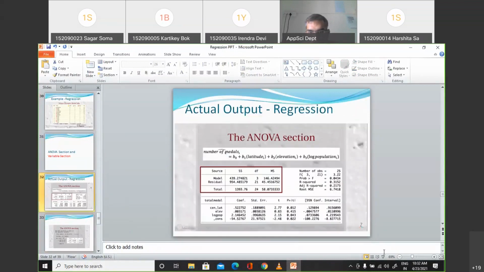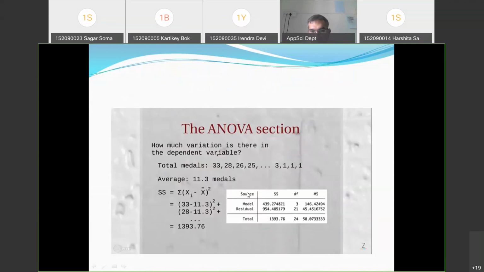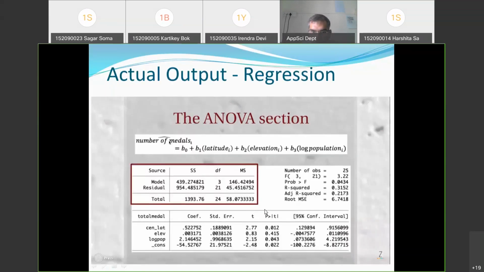So this is the output again, and we are focusing on the ANOVA section, the basic background we developed. So here, for the model, these are the values. For only the constants, these are the values. For just the residuals. So here we have these things.